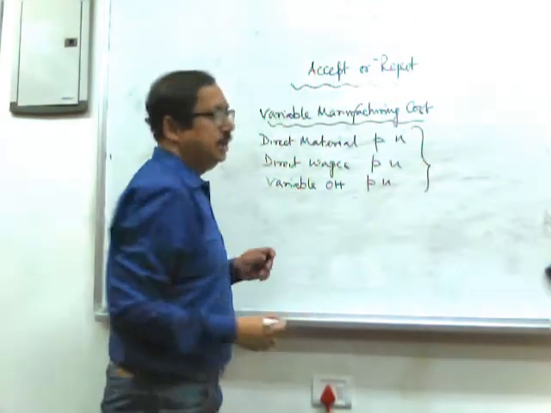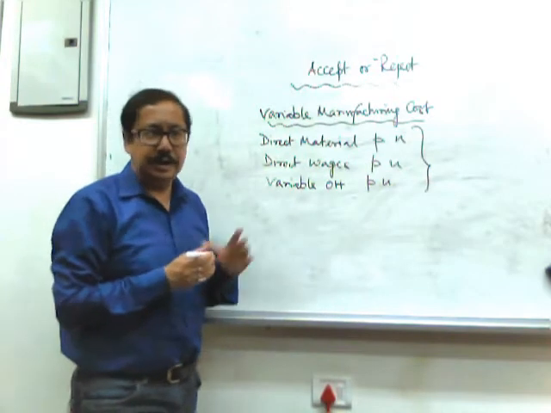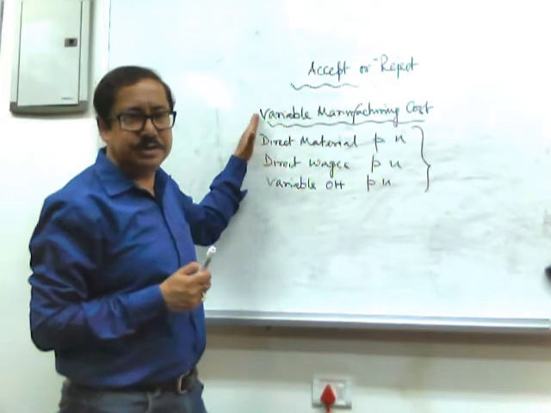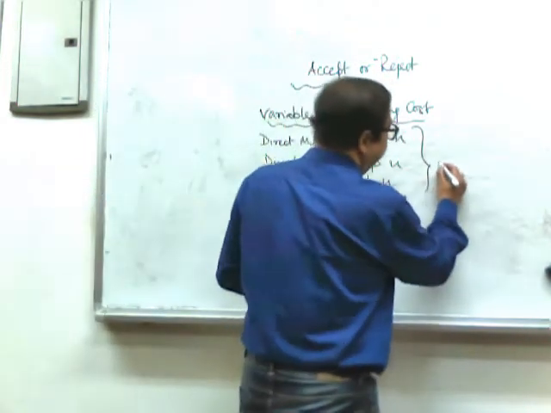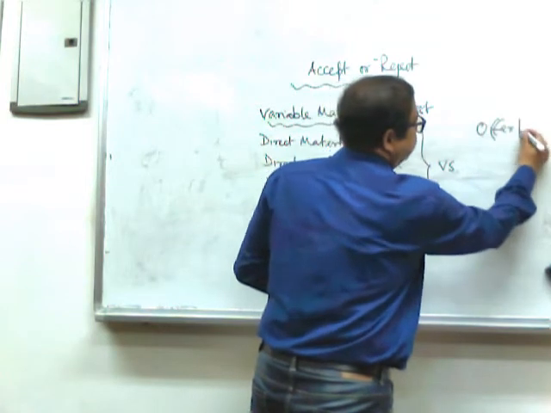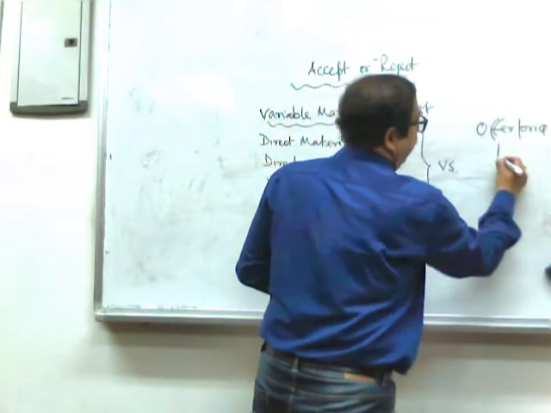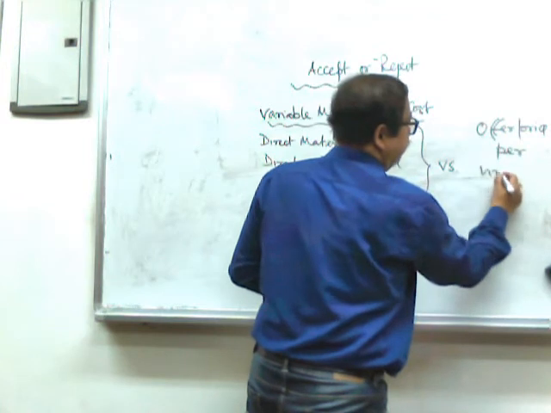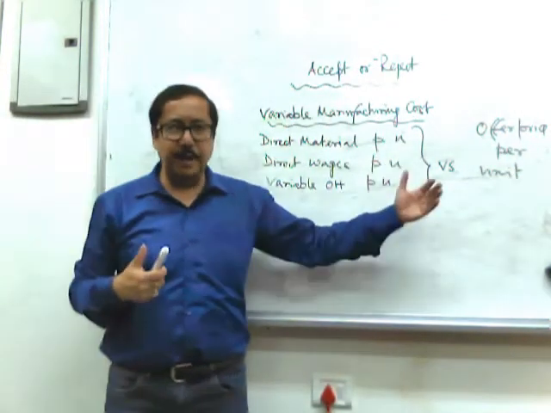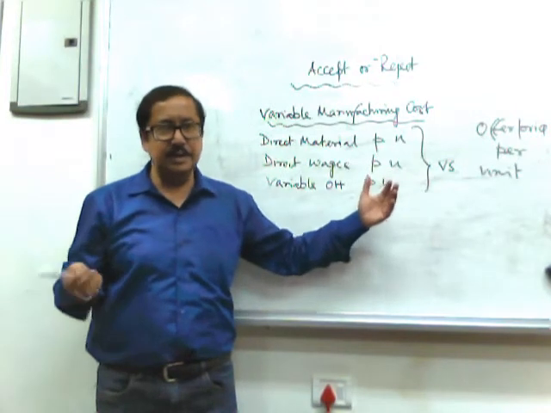So these three things constitute the variable manufacturing cost, and this will be compared with what? With the offer price per unit. That means what is offered by the new purchaser. What is the offer price?